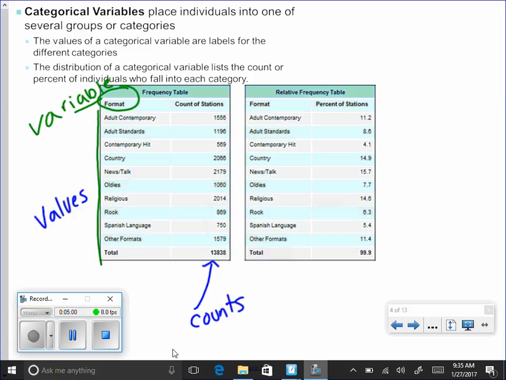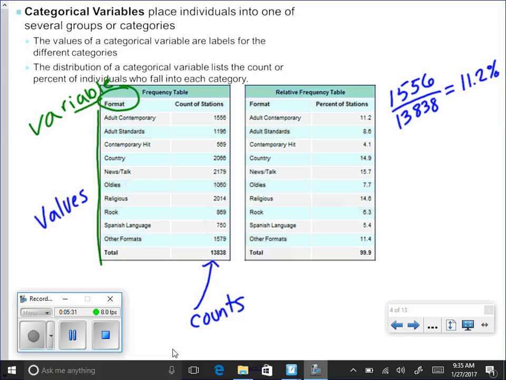That table is a frequency table because it is the number of counts. A relative frequency table, the one on the right side, lists the percents of stations that fall into each category. For adult contemporary, if we were to do 1,556 out of the total 13,838, that would give us the percent 11.2.